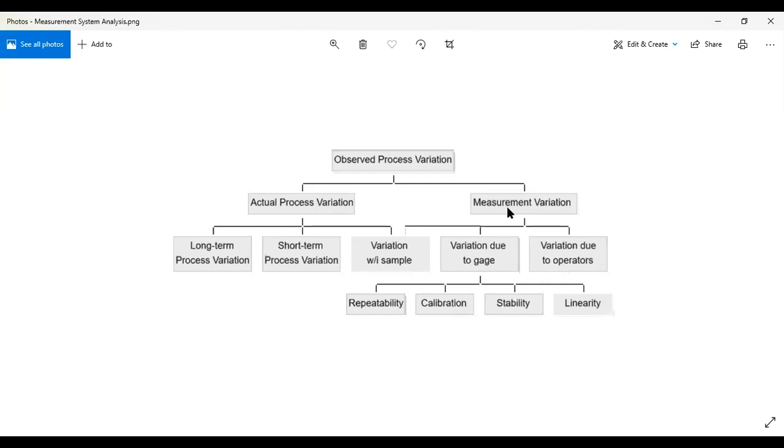And then you make a determination after you analyze the data, whether it's human error, like the operator, or it's a measurement tool. And then from there, you do your action plan accordingly.